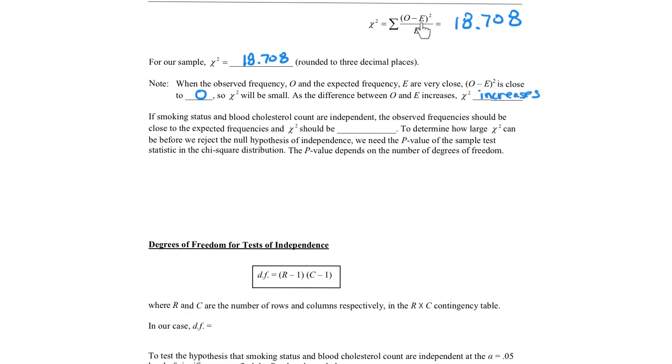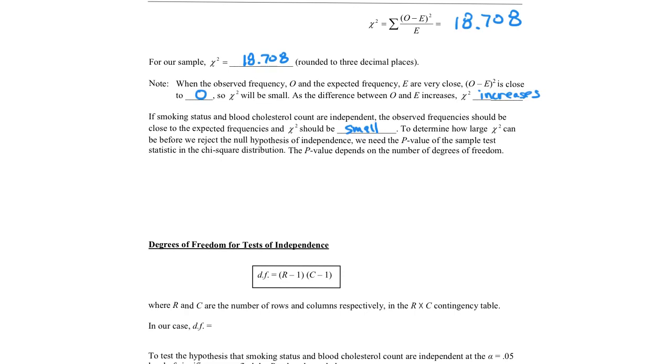So if the number we expected based on them being independent was close to the number we actually found, then these are going to be close to each other, and we're going to get a small chi-square. So if smoking status and blood cholesterol count are independent, the observed frequencies should be close to the expected frequencies, and chi-square should be small.